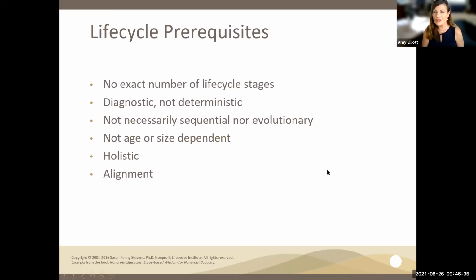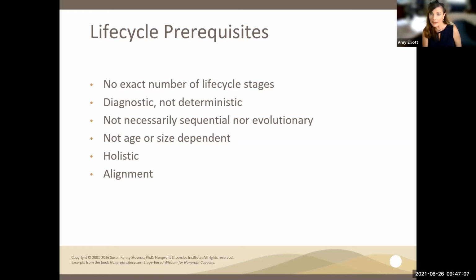So there's a lot of temptation with life cycles to see it as this timeline or this definitive, because it has that bump in the middle, kind of this rise to the top, and to put some things into the model that aren't there. And so let me warn you about a few things. There are no exact number of life cycle stages.